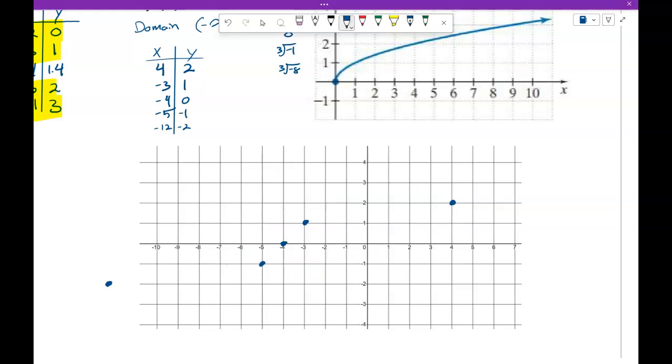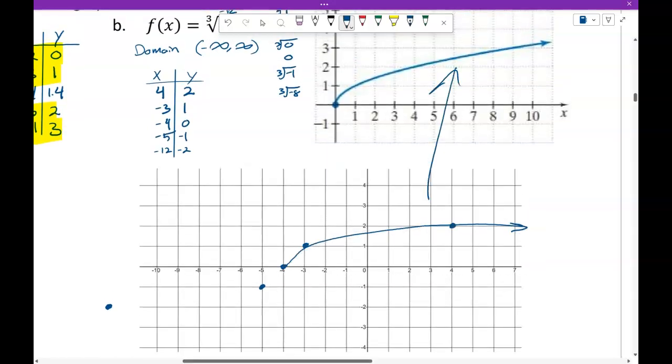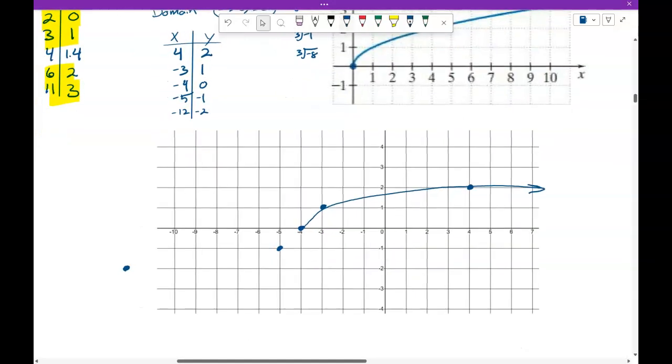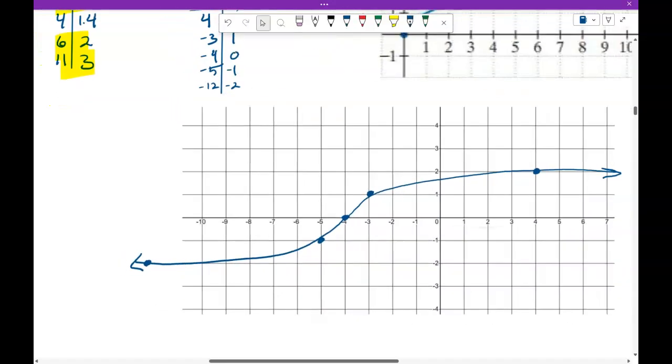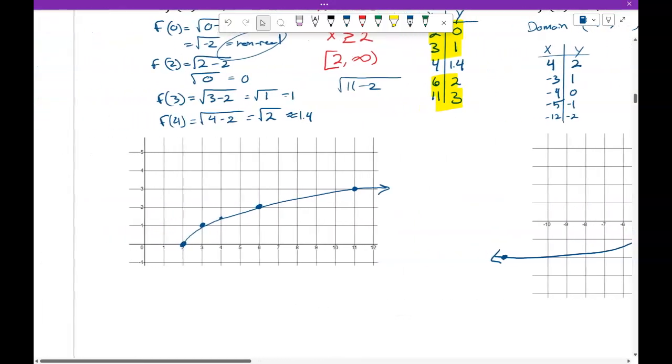So we're going to start here, and it's going to model our square root curve that we have up here, but then it does the opposite in the other direction. This is going to be the general shape for all of our cube root functions, and as a matter of fact, for all of our odd index functions. Well, this is our general shape for all even index functions.